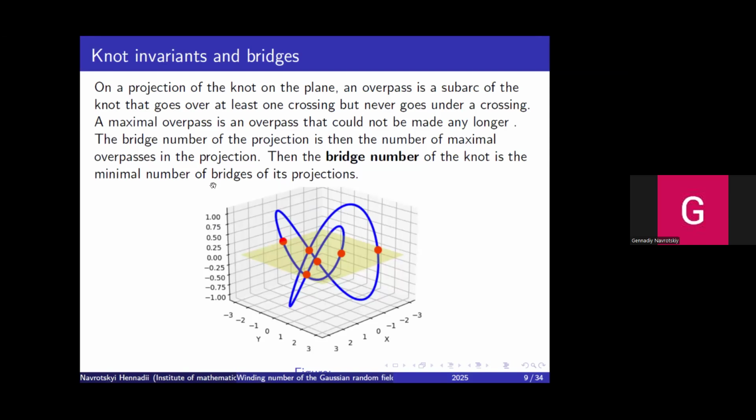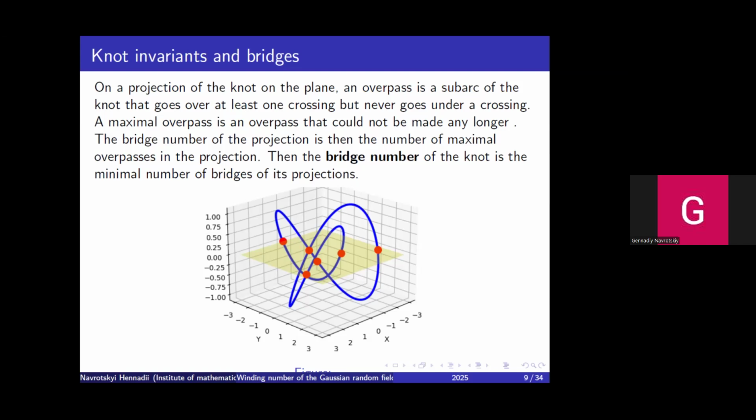A planar diagram is just a projection of the knot on some plane. We can define an overpass, which is just an arc of the knot that goes over crossings but never goes under a crossing, and a maximal overpass is an overpass whose endpoint is just before an under-crossing.